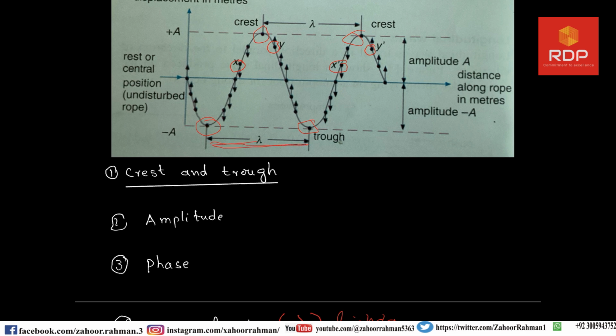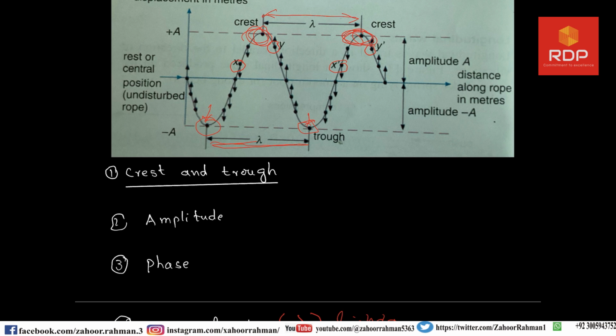In this place, this is one trough and this is another trough. Similarly, this is one crest and this is the second crest, and it is denoted by lambda. Remember that the SI unit for lambda or wavelength is meter.